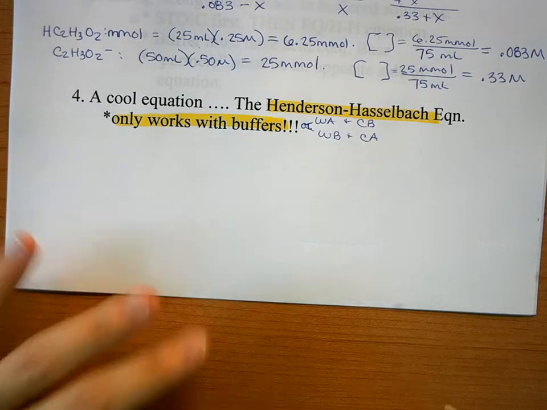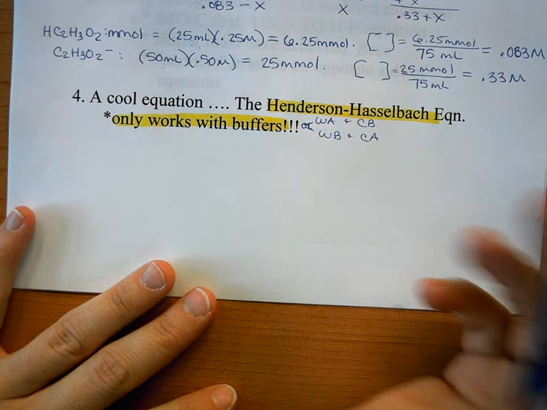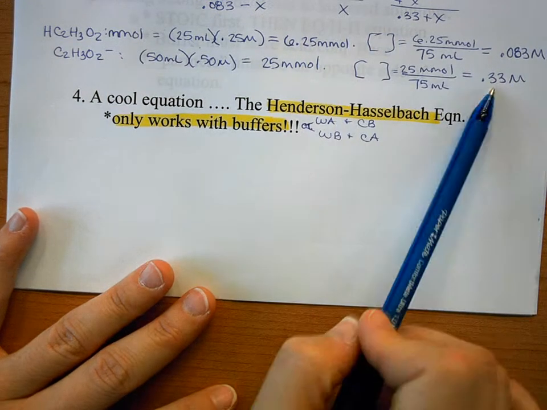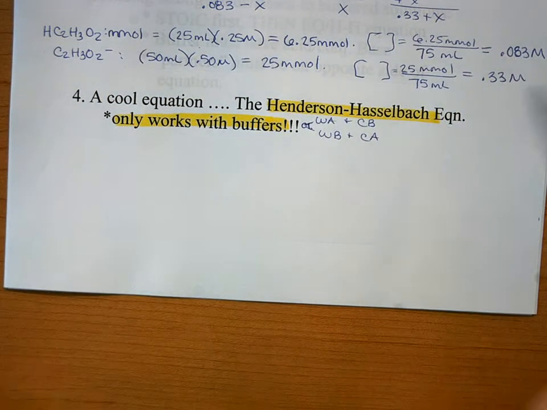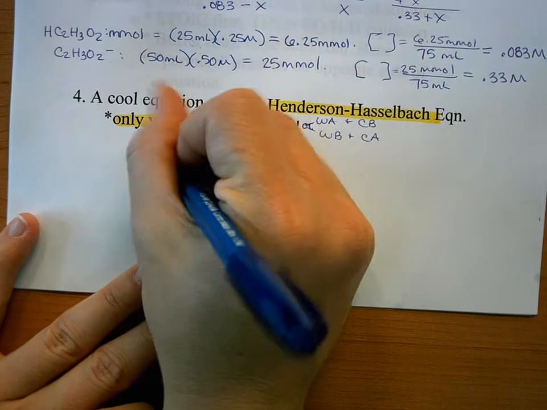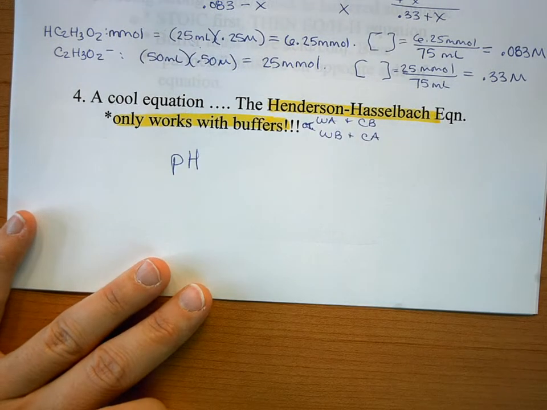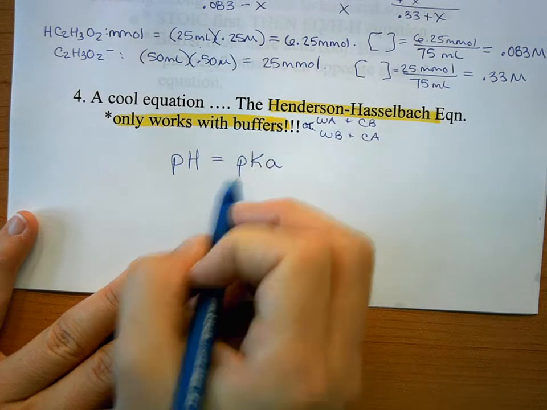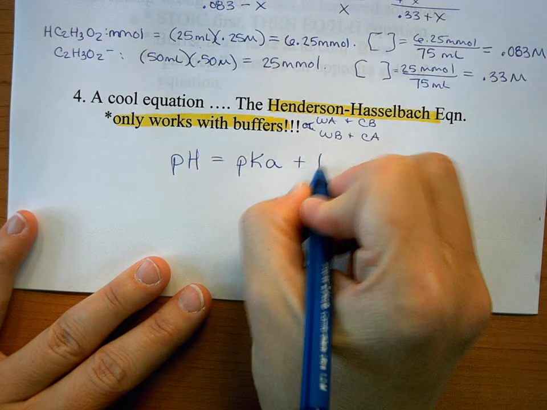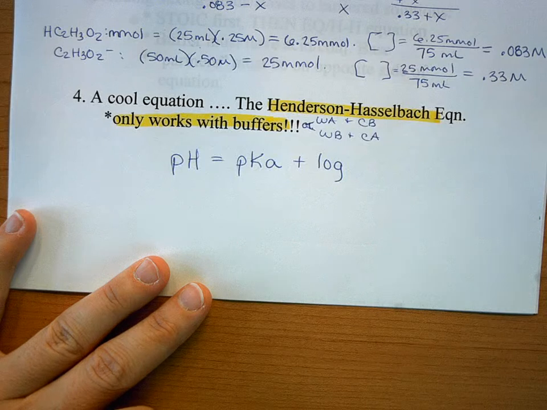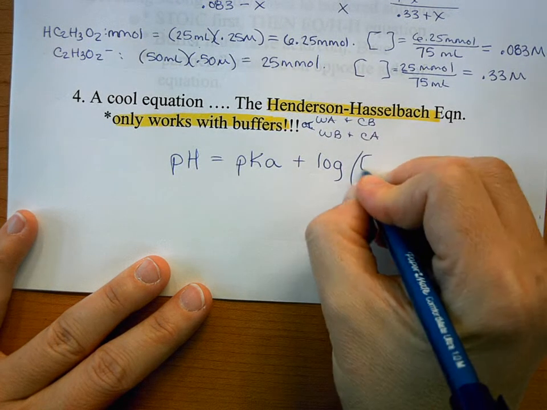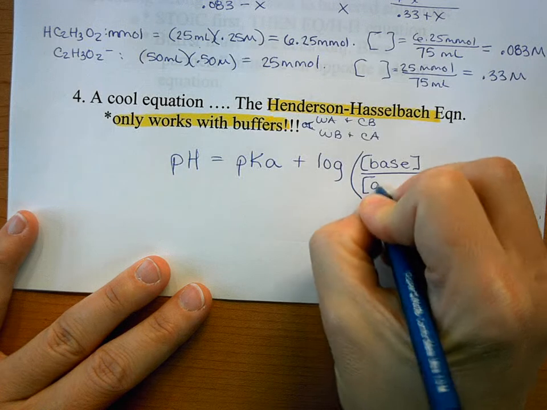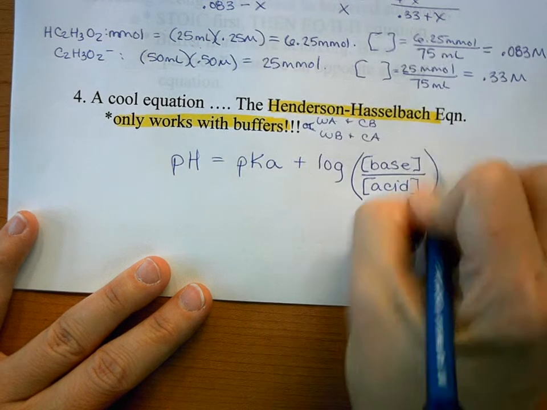So here's the equation. We went through number 3 here, and we calculated pH using equilibrium and concentrations, and we found millimoles and all that. Another way, an alternative and kind of shortcut, easier way: the pH is equal to pKa, we'll talk about what that means in a minute, plus the log of the concentration of the base over the concentration of the acid.